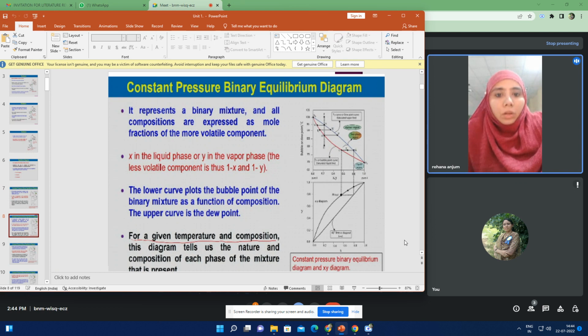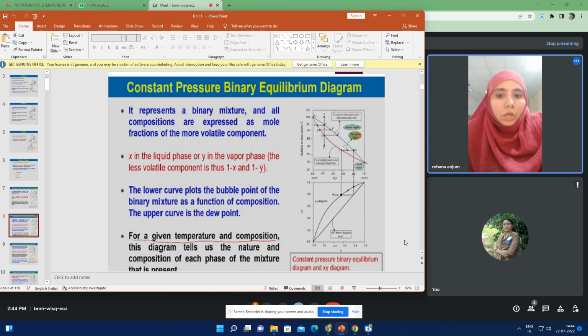With respect to the binary mixture, all compositions are expressed as mole fractions of the more volatile component.